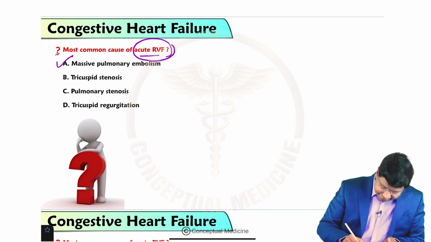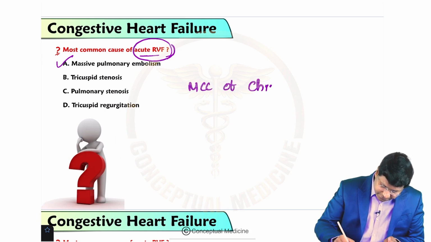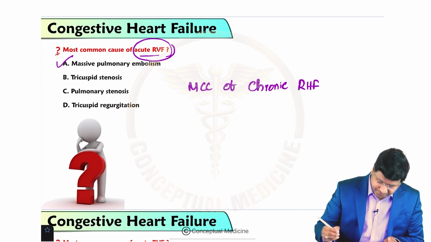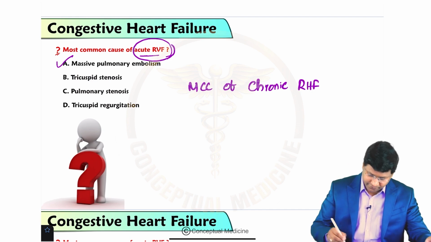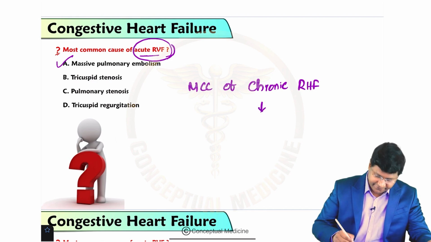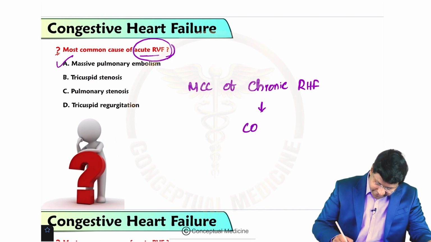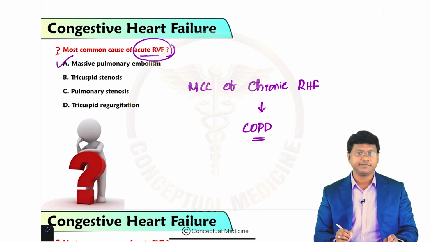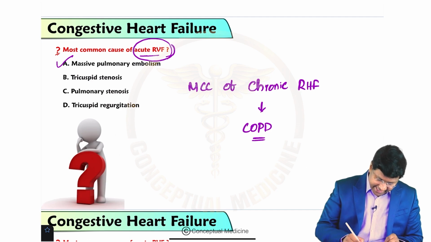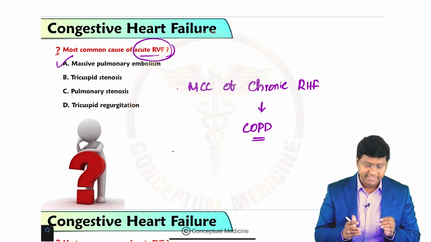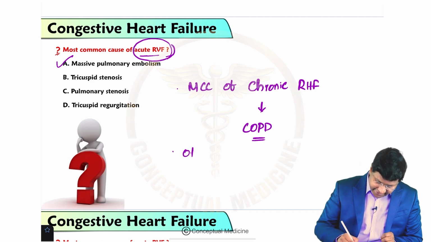And what is the most common cause of chronic right heart failure? The most common cause of chronic right heart failure will be COPD, that is chronic obstructive pulmonary disease. And what are the other causes of right heart failure?